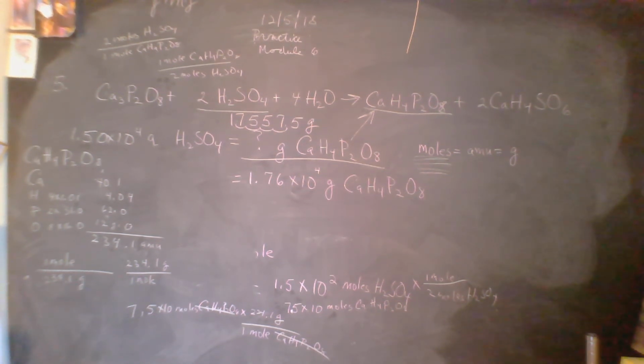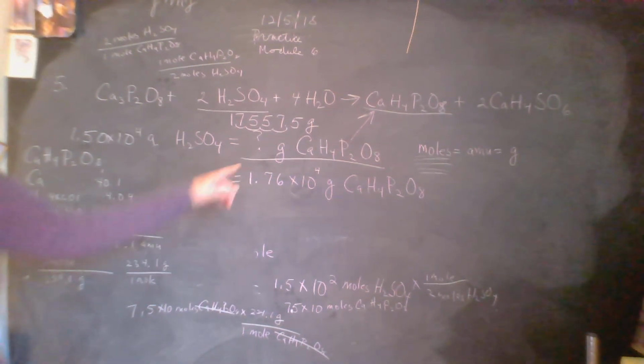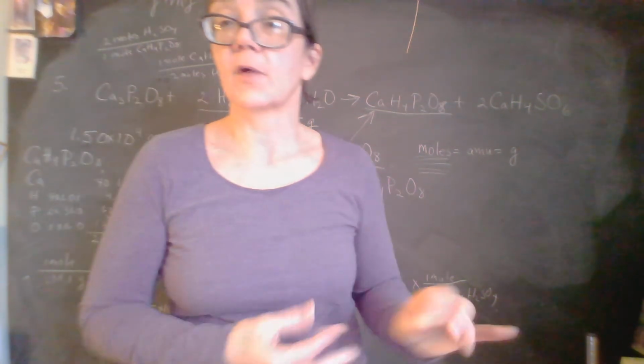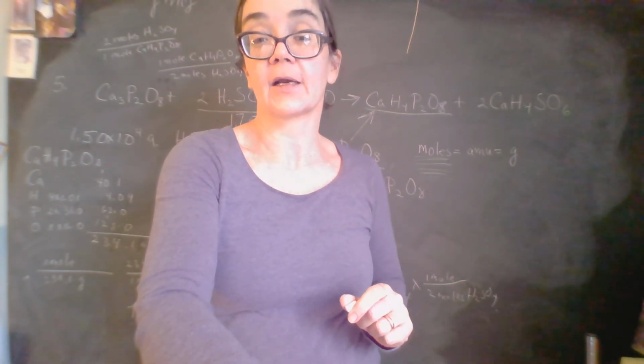Yeah, I'm slightly off from the book, and the reason is because I left off one of my significant digits here. I should have had 3 significant digits, but this is good enough. We're not going to redo it. And we're going to stop here, though, and come back and do another video.